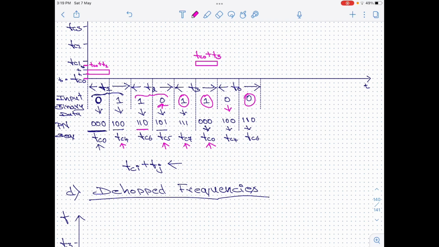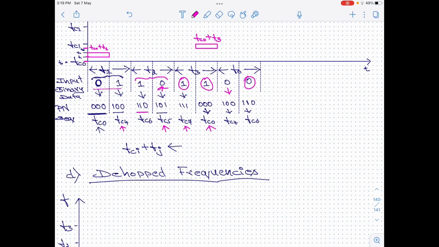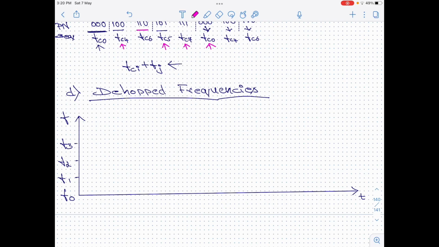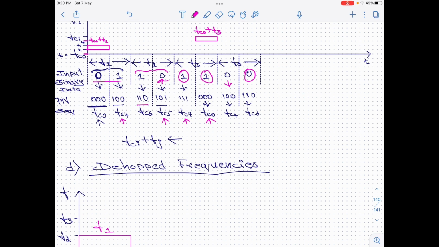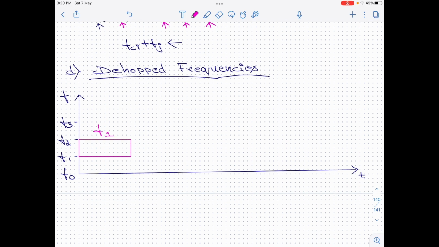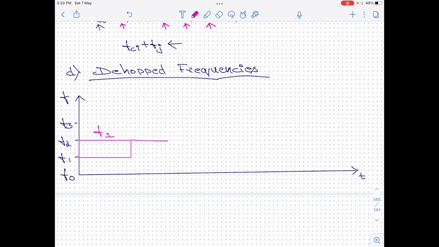The first 2 bits here are 0, 1, which are a combination for the MFSK tone F1. So, you have to now come back here and write a box across F1 for 2 bits or simply 1 symbol duration. Moving on to the next 2 bits, it is 10 and this stands for MFSK tone F2. So, write another box here for F2.